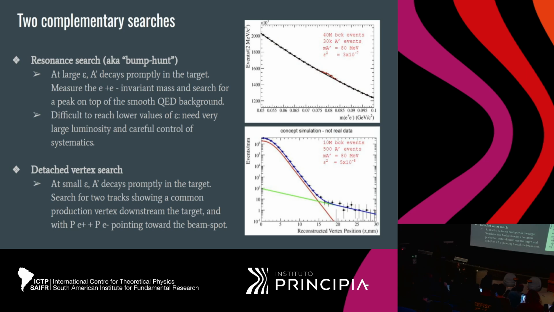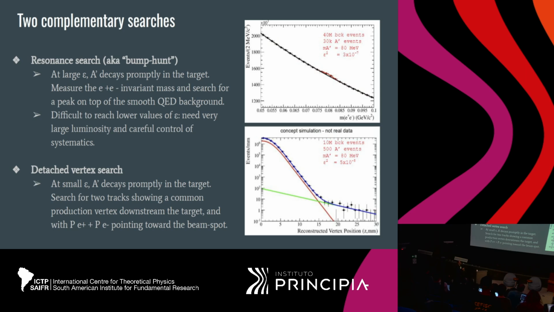Here is an example of what to expect for an invariant mass spectrum, where you have a flat distribution given by all the standard model processes that can result in an electron and a positron inside the calorimeter, because obviously many processes can produce such particles. This is your very smooth background. And on top of that, if you have a dark photon, you would see it as a very small bump within this distribution.